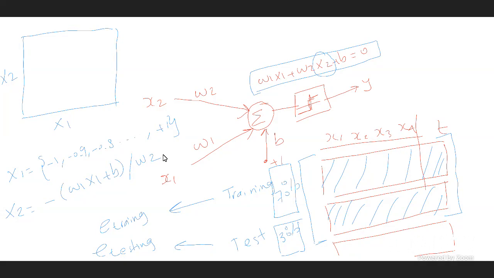So if I have one class, a red class and a blue class, for example, I have some blue points here and some red points here. In this case, we can plot a decision line which will look like this.